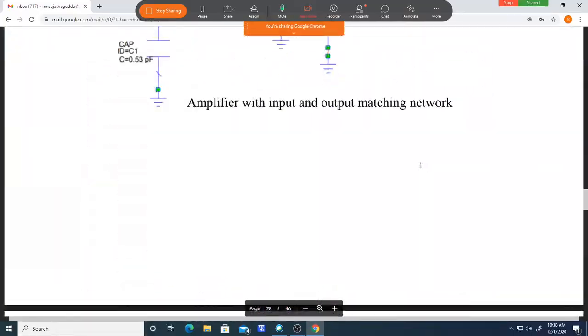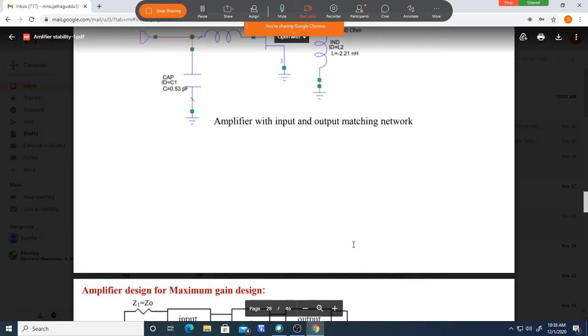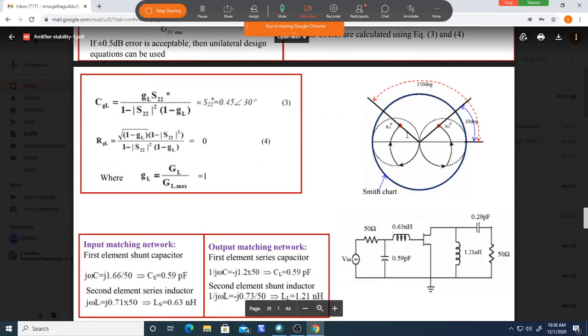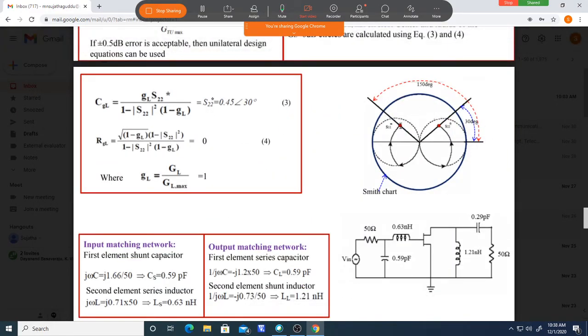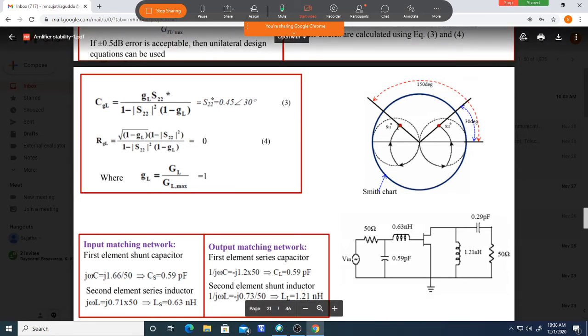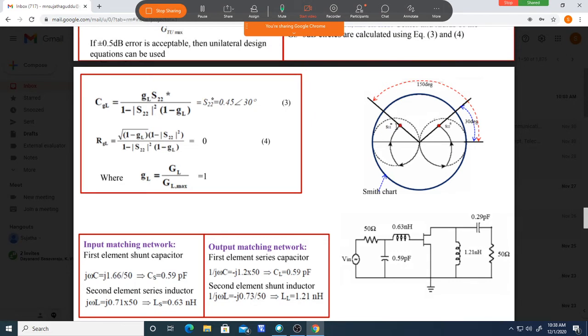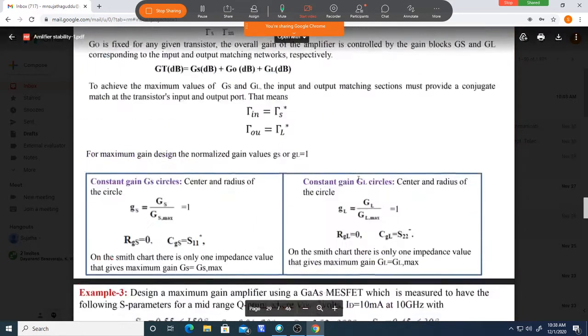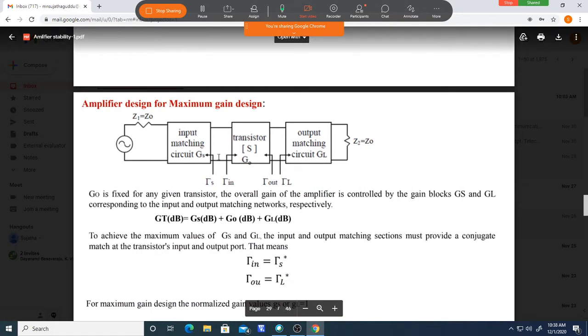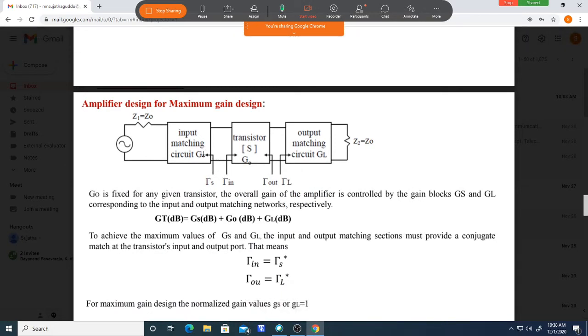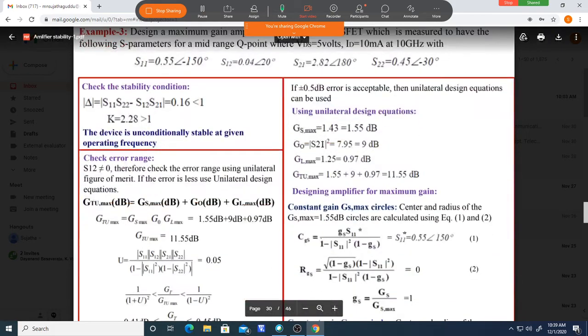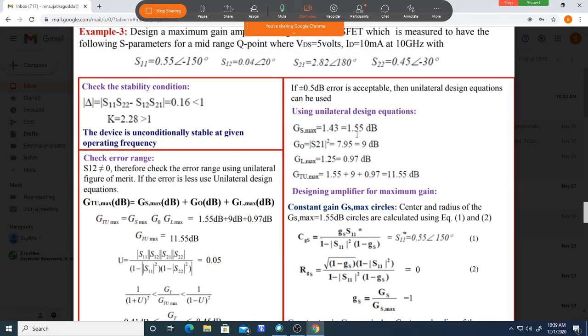See, like this, there is no circle here. Here you see, no circle, only one point. So you should take this itself as ZS. Whatever value you have here, read the resistance value and the reactance value, whatever comes. That value you should set as ZS to get a gain of GS maximum, 1.55 dB. I need 1.55 dB.